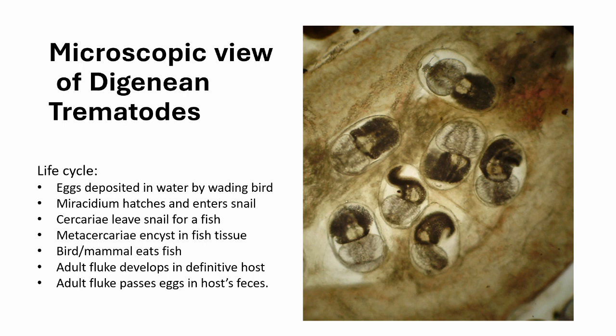At that point, it will form a cyst where it stays, and it doesn't really develop further at that point until either a bird or a mammal, again depending on the species, eats the fish, and as it's digested, these metacercaria are released into the digestive tract of the definitive host, and there they will develop, they'll reproduce and pass eggs out of the feces of the host, so the bird droppings into the water, and the cycle starts all over again. So these are commonly seen in aquarium fish.